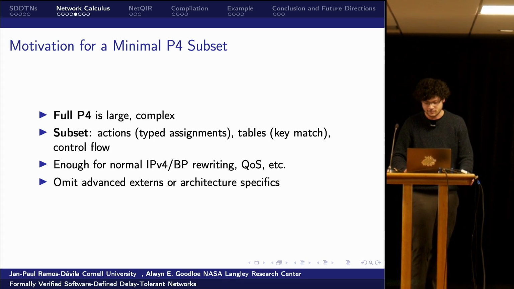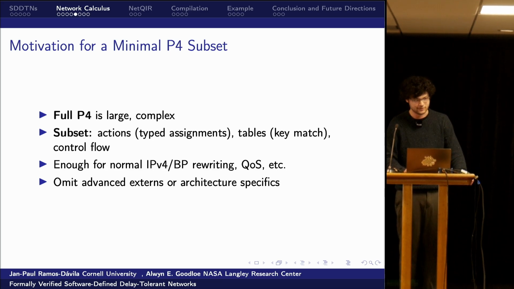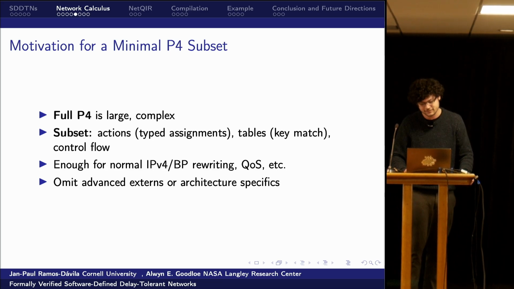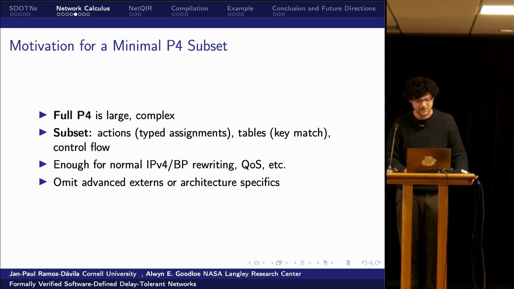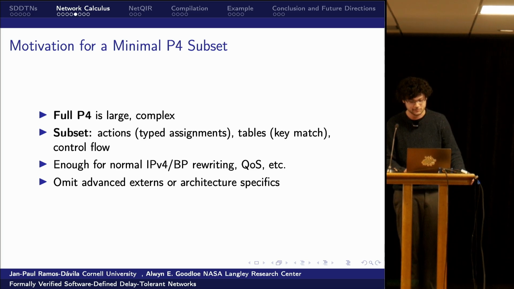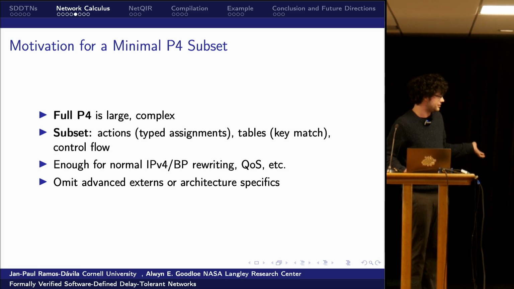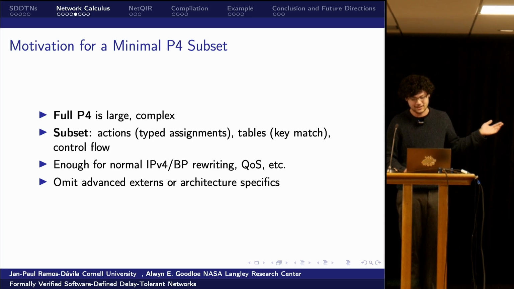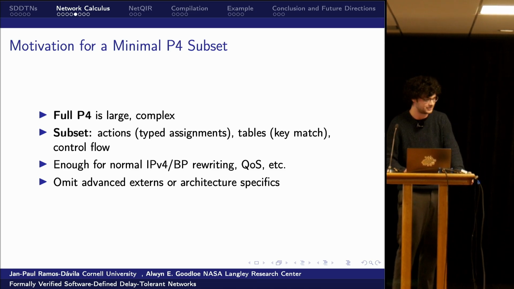And what we want to do here now is, I have a network calculus that has certain guarantees proved in Coq, but the actual P4 code still doesn't have any guarantees whatsoever, and it doesn't really interact with the calculus I've abstractly defined. So we obviously know that you could mechanize some P4 code, I guess, if you have some way of mechanizing it, but that's pretty hard because P4 is large and complex.